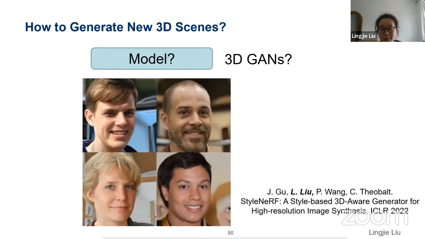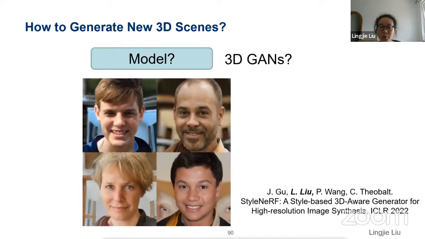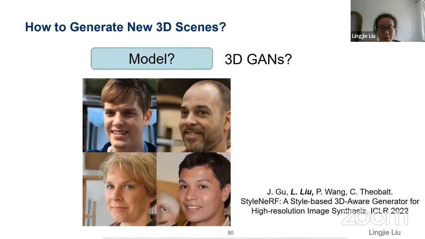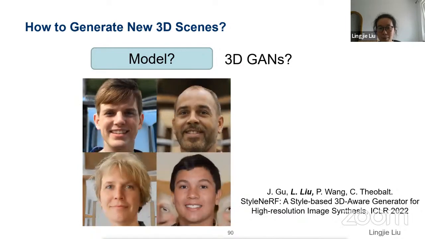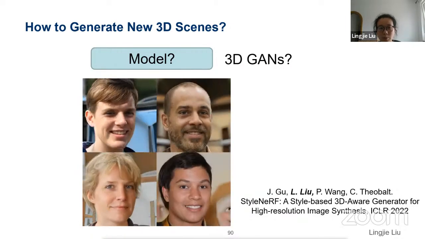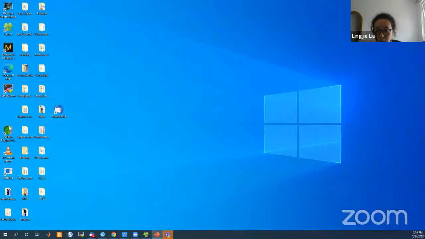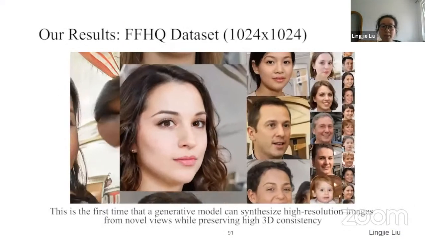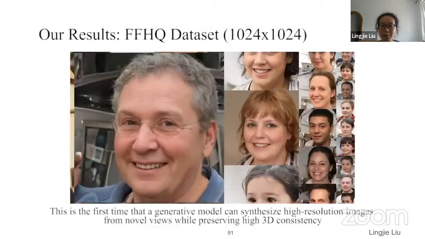Recently, we proposed StyleNeRF, a method that combines 2D generative models with 3D neural representations. Due to limited time, I will skip the details, but only show some results. StyleNeRF can be trained on an unstructured single view 2D image dataset.